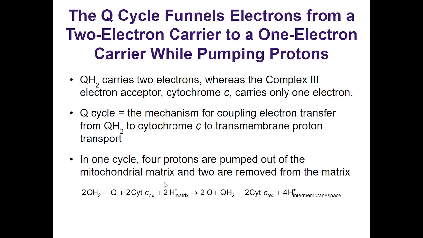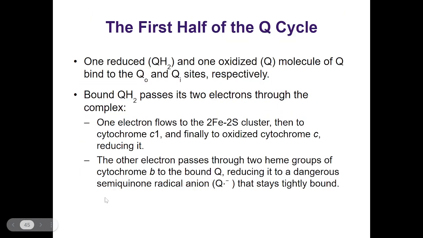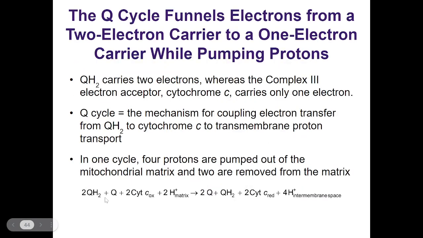Again, remember that, yes, only 2 come from the matrix, but we can get the remainder from the QH2s, right? This is where that preparation in complex 1 and 2 comes in handy. This is part of where we're actually moving those hydrogens in the reduction, the H+, from our Qs that we generated before.